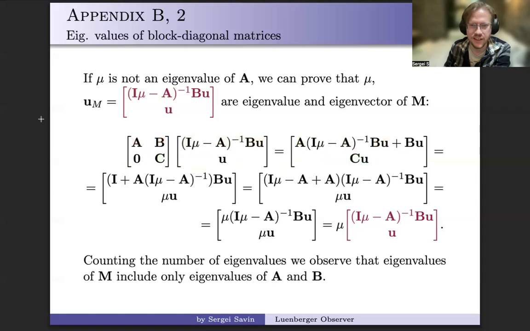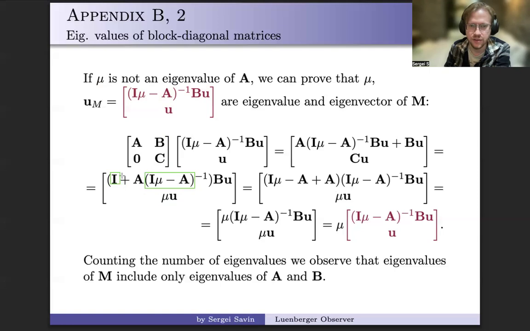Next is one of the standard tricks. In this case, what we do is we replace this identity with I mu minus A times I mu minus A inverse, right?